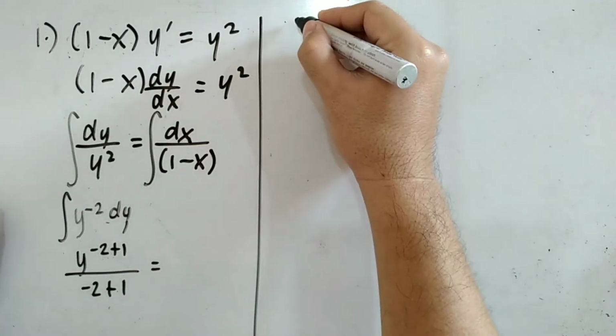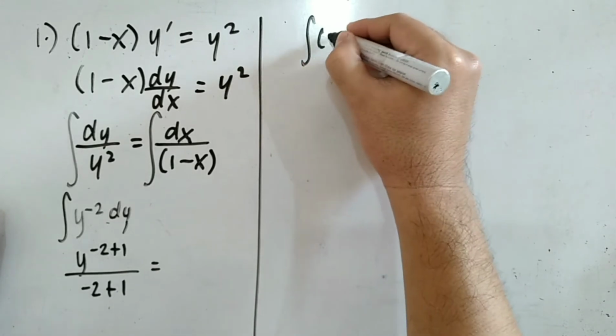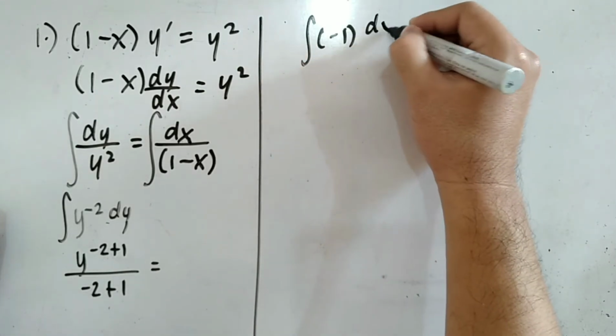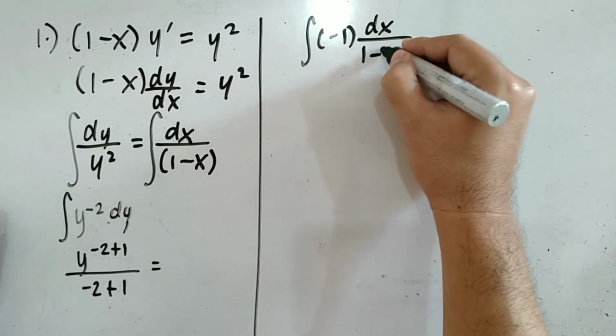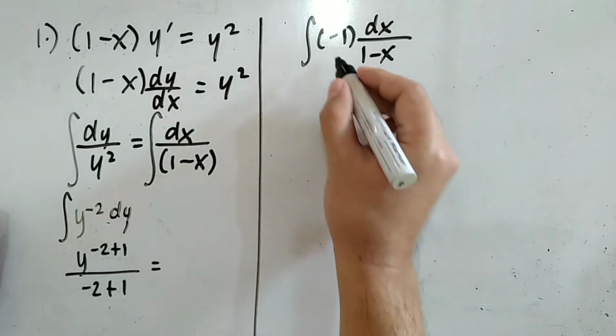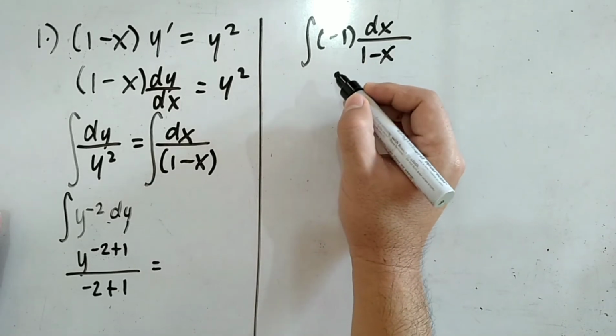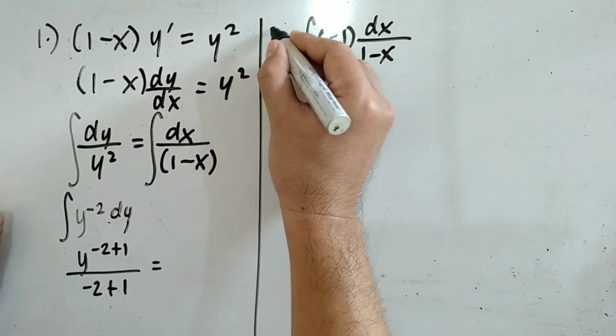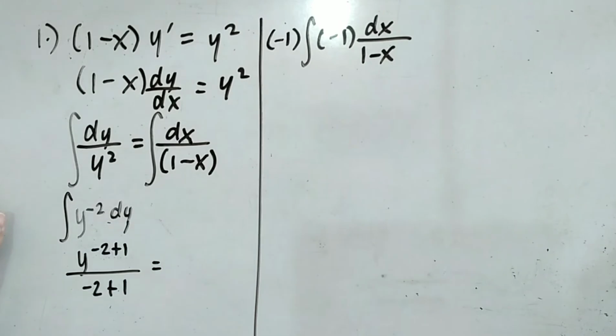We multiply negative 1 inside the integral of 1 minus x. However, in order to maintain the expression, we multiply negative 1 outside so that it's just the same as multiplying positive 1. And multiplying positive 1 to an expression does not change that expression.